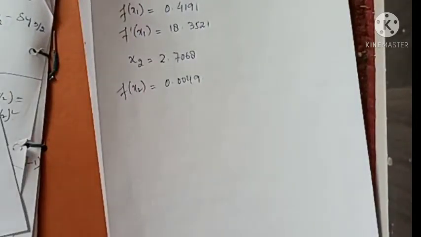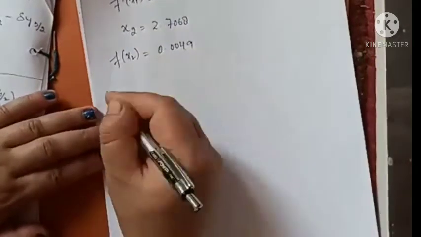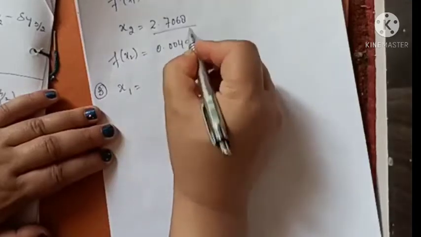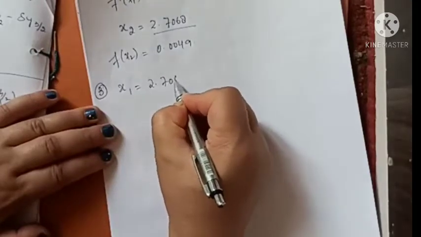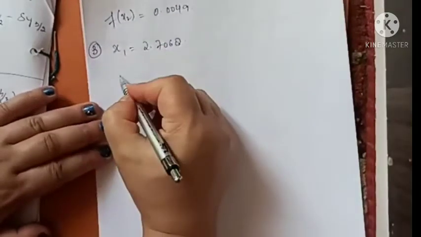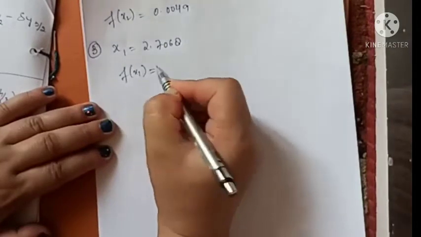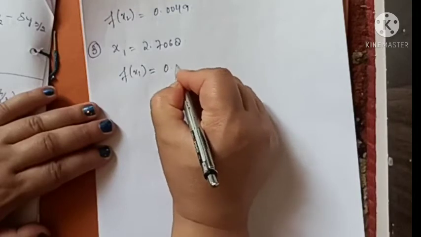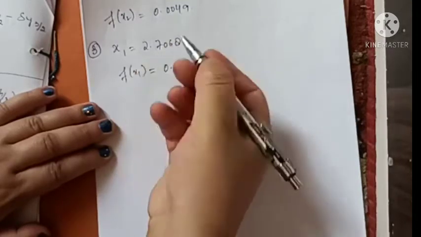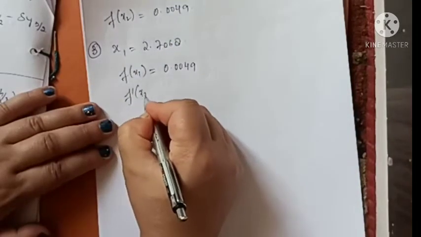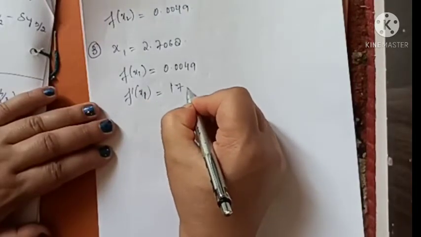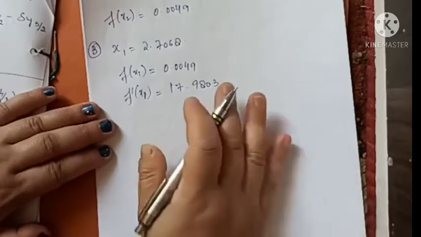As you know, up to 4 significant digits, if the value repeats, we have to stop over there. So in the third iteration, the x1 I am taking is 2.7068. So f of x1 will be equal to 0.0049, obviously, because it is already done. Its derivative value will be equal to 17.9803.